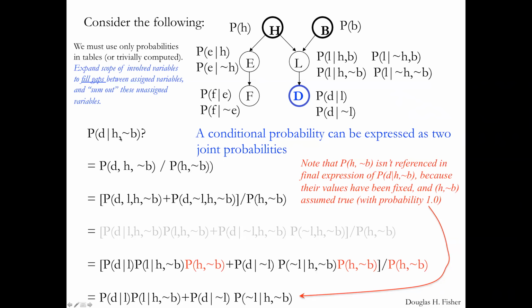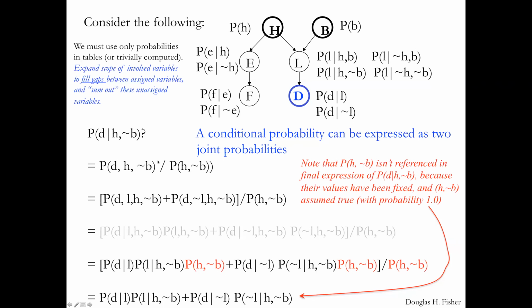So you can translate this conditional probability into a fraction involving two joint probabilities. And of course, we know how to solve joint probabilities now, so you can solve each of these independently.